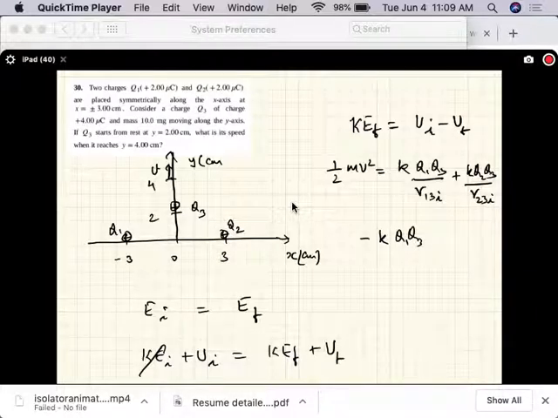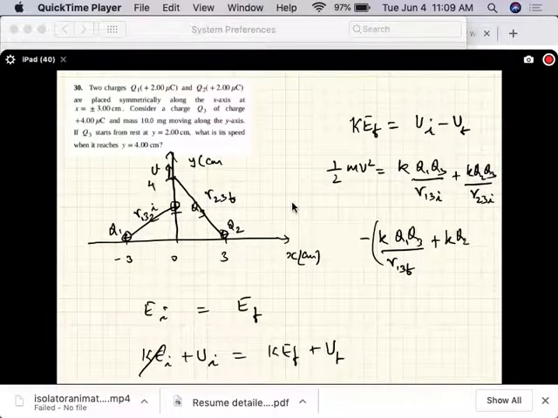I'll draw the distances: this is R13 initial, this is R23 initial, this is R13 final, this is R23 final.